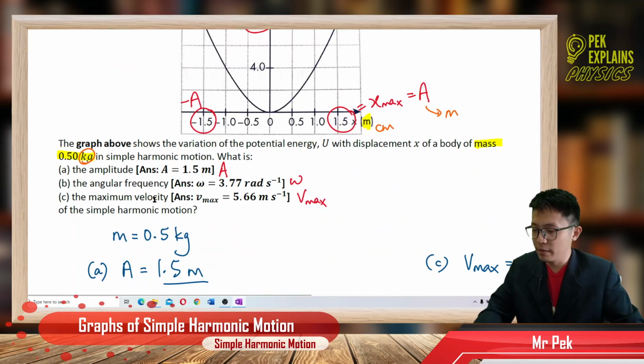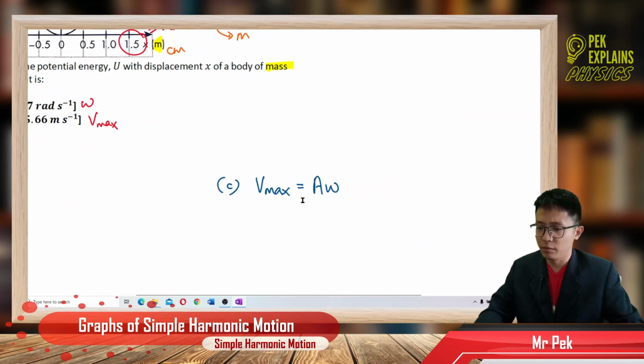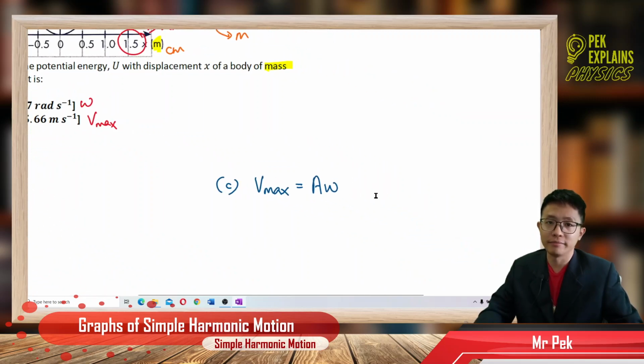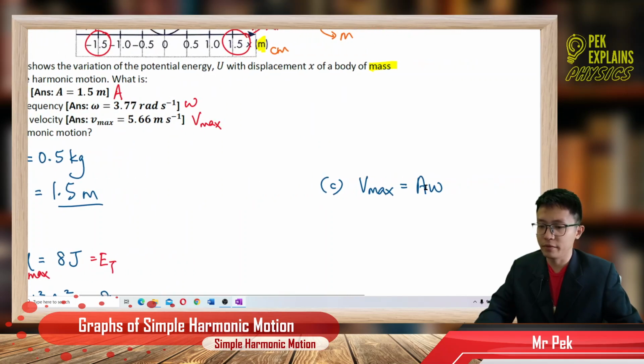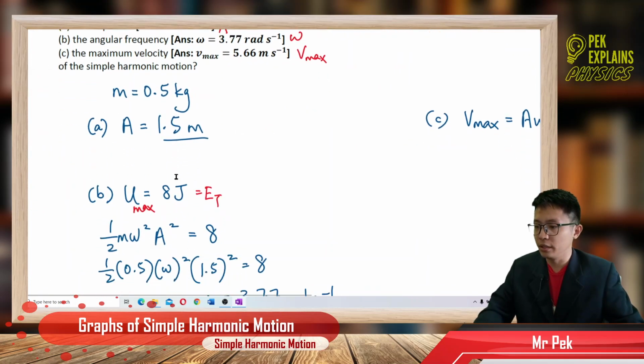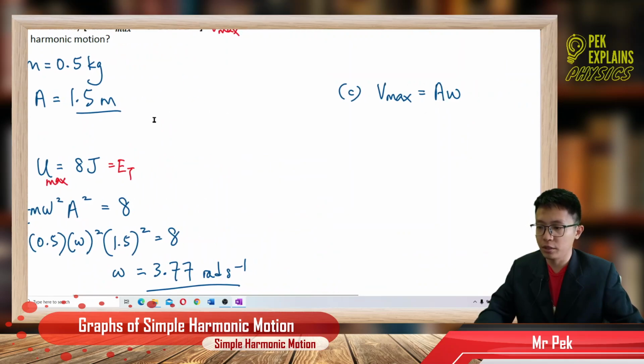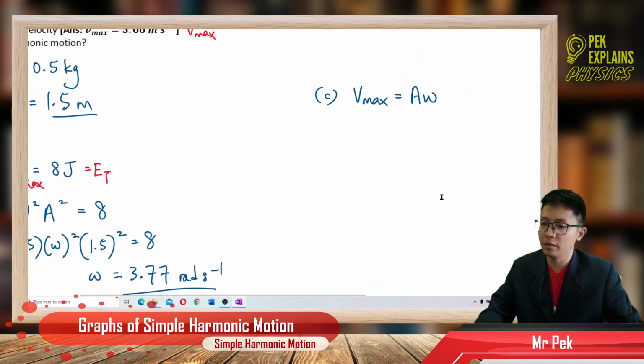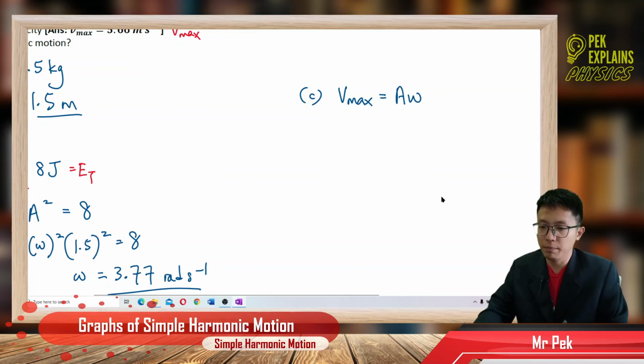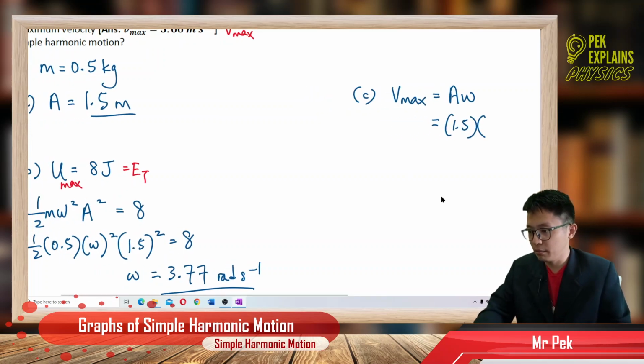Now, what's the final question? What is the maximum velocity? The formula for maximum velocity is A omega. We have the amplitude, and we have omega. Very simple question. 1.5 is already in SI unit, meter.